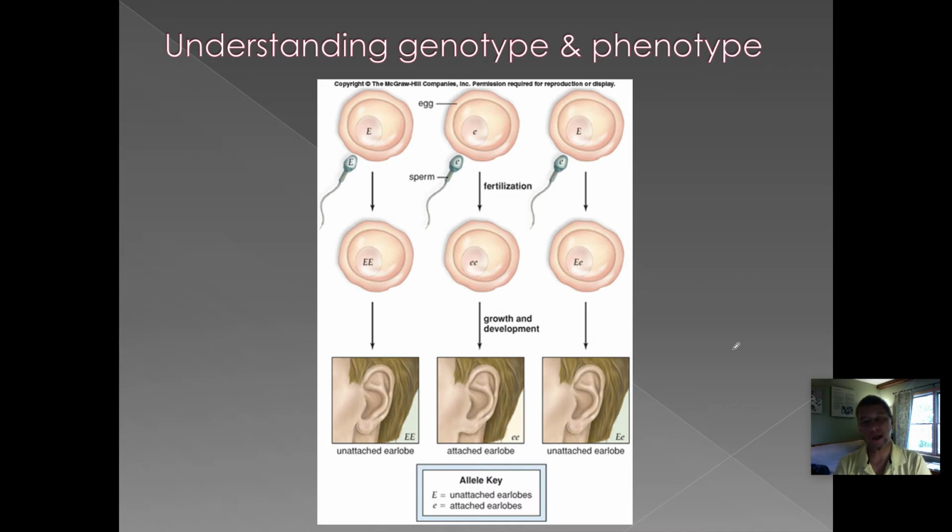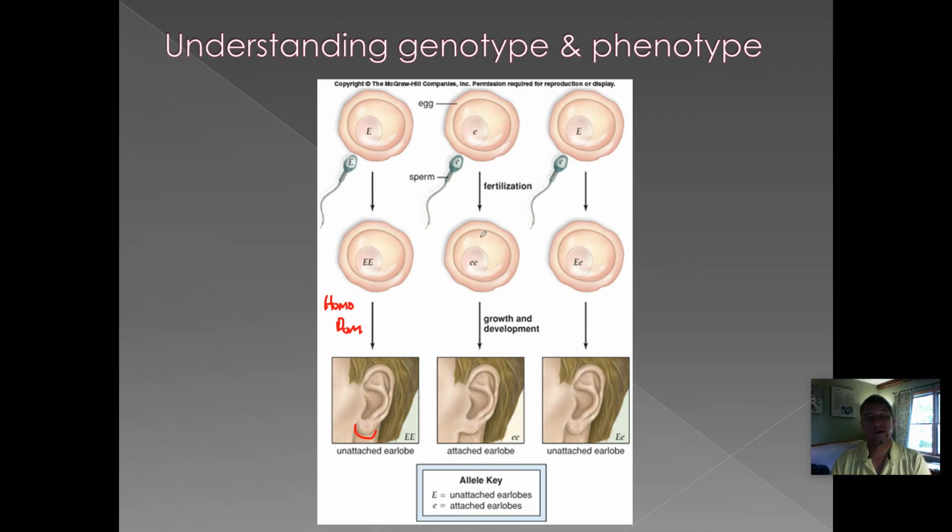If you have an egg with a dominant allele and a sperm with the dominant allele, then the zygote will be homozygous dominant, and therefore will have an unattached earlobe. You can see it right there.